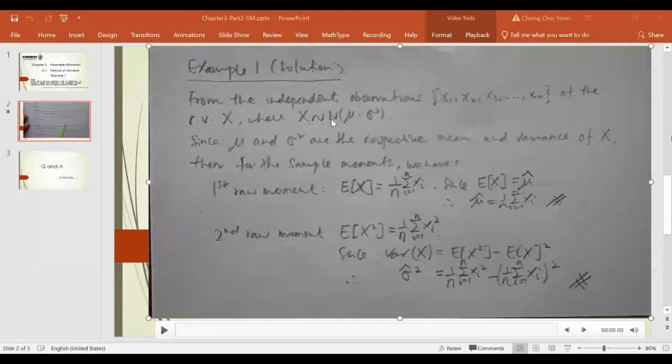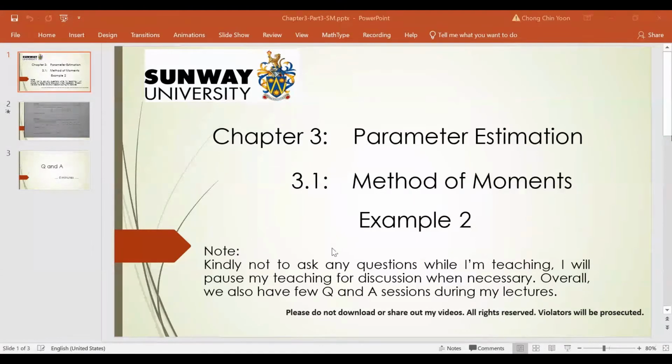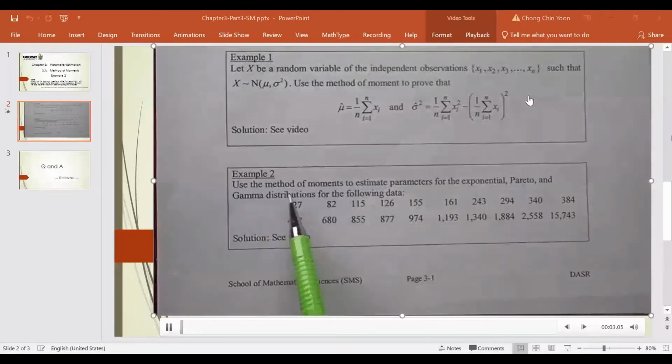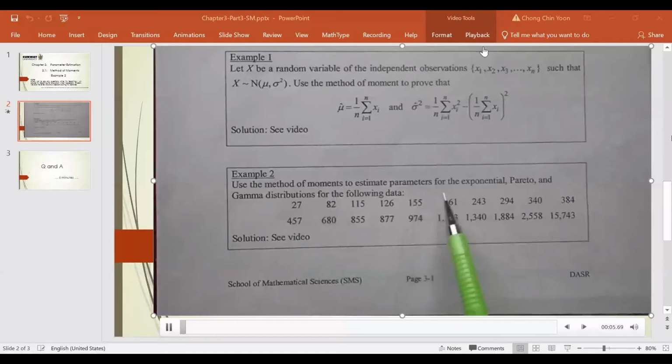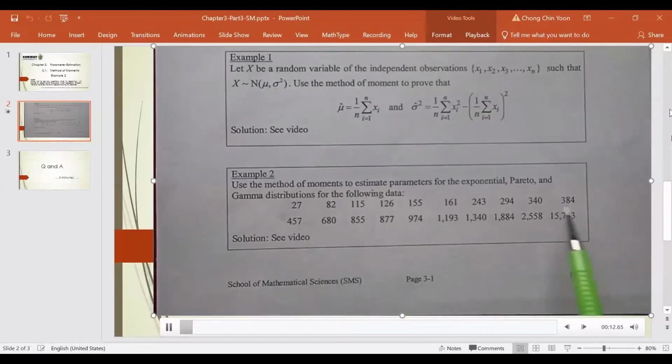Okay, so let me show you another slide. This topic is actually quite easy. So we go to example 2 now. Example 2: use the method of moments to estimate parameters for the exponential, Pareto, and gamma distributions for the following data.